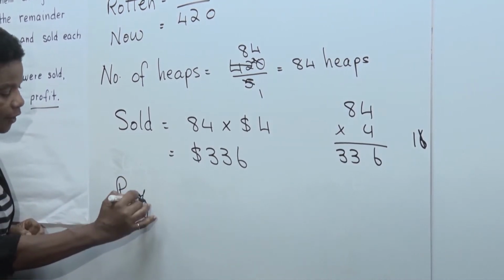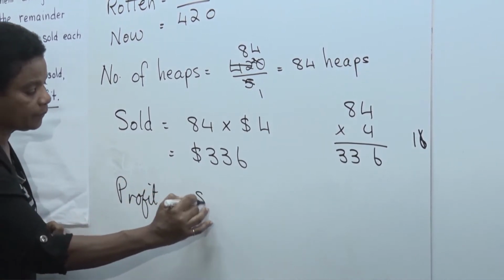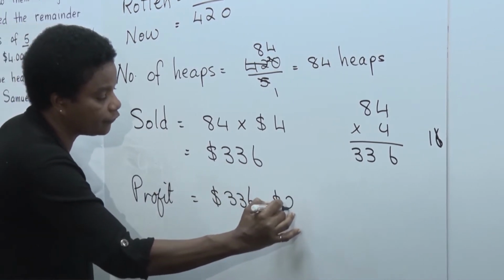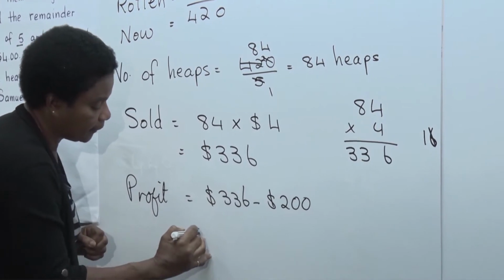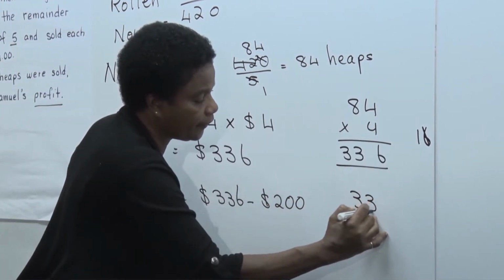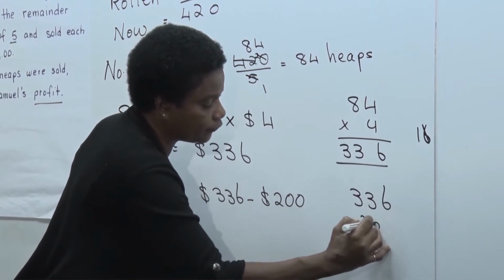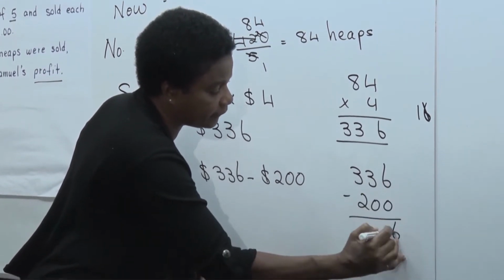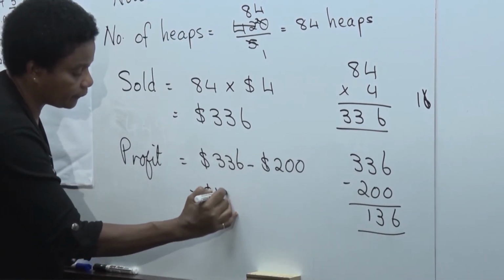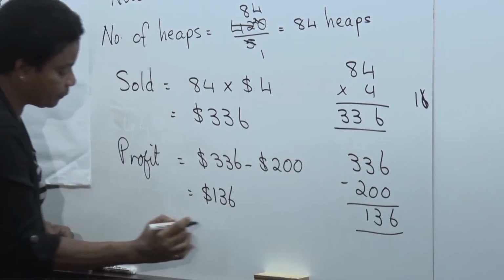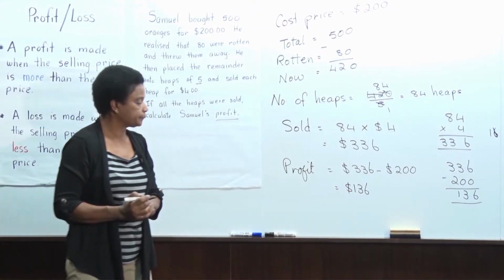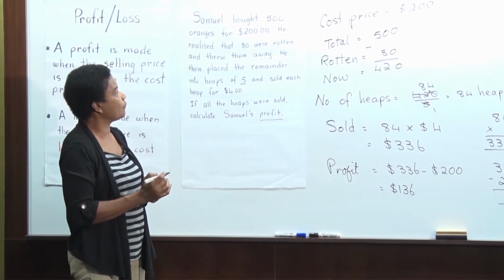Thereby, his profit would be $336 minus the $200. Are you there? Yes, so let's work that out. 336 minus the 200 will leave us with $136. So Samuel's profit was $136.